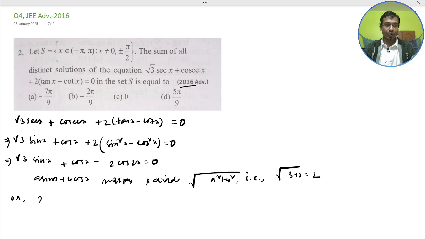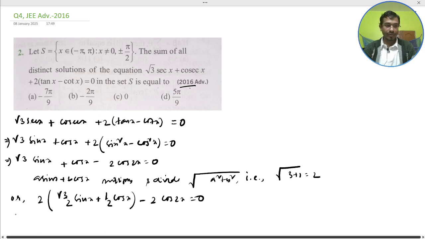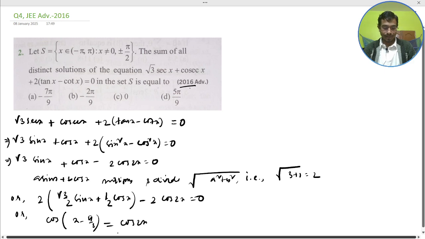So 2 into (root 3 by 2 sin x plus half cos x) minus 2 cos 2x is equal to 0. So solve this. This would be cos (x minus pi by 3) equal to cos 2x.